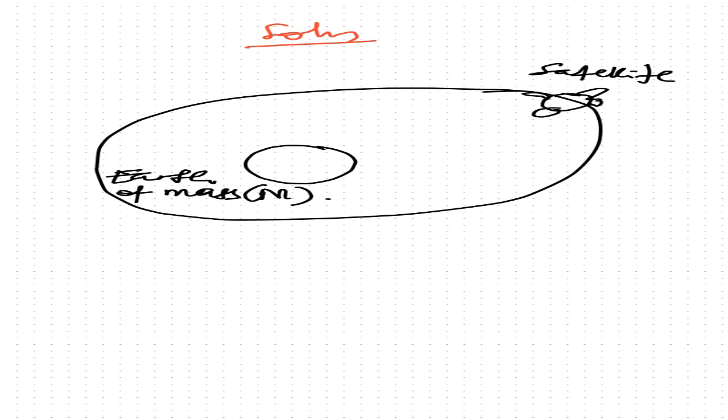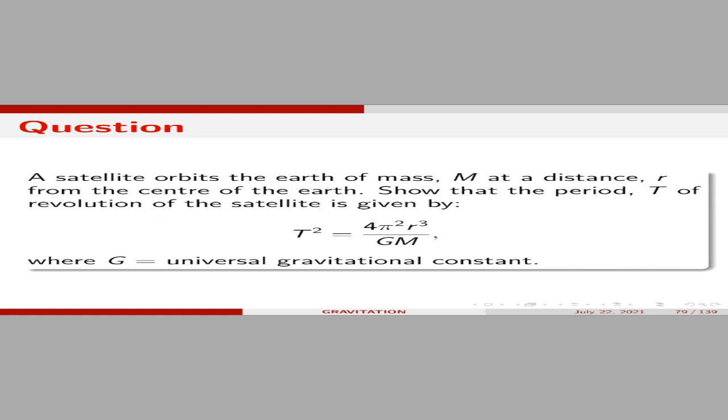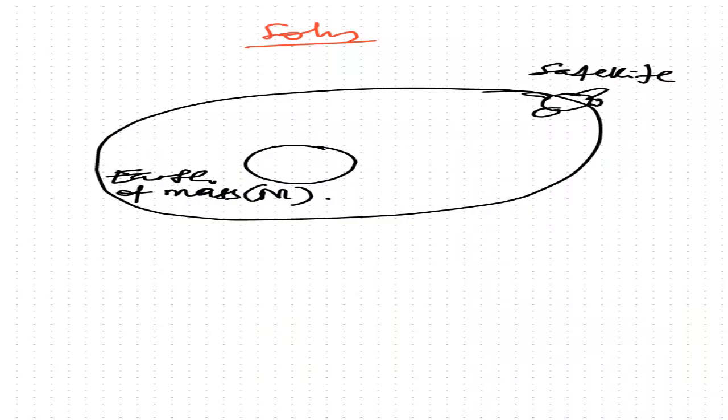All right, that is what the question is saying. And he's saying that at a distance r from the center of the Earth, the distance from the center of the Earth to the satellite, according to the question, is small r. All right.